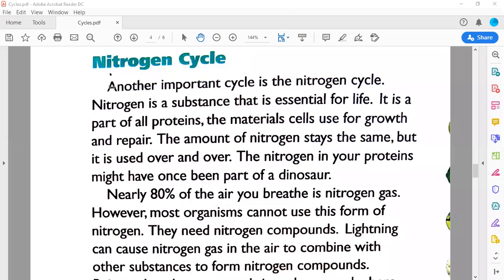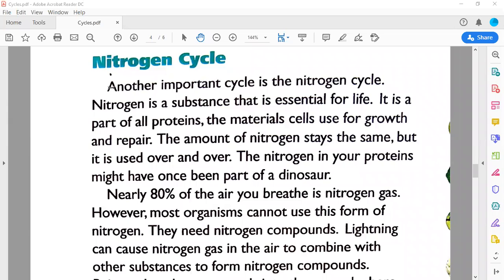Nitrogen cycle. Another important cycle is the nitrogen cycle. Nitrogen is a substance that is essential for life. It is part of all proteins and the materials cells use for growth and repair. The amount of nitrogen stays the same, but it is used over and over.